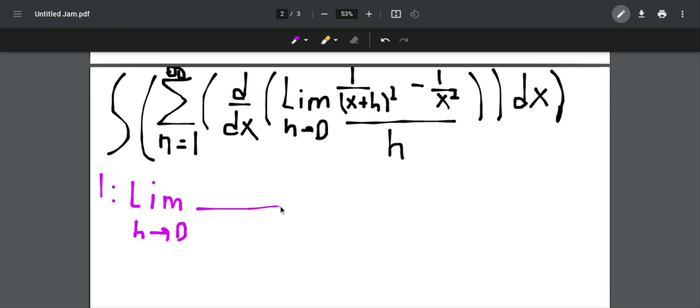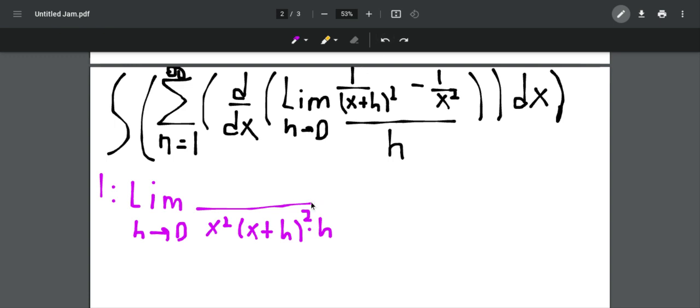So we take the limit as h goes to 0, and the common denominator would be x squared times (x plus h) squared. And then we also multiply by h because we're dividing by h at the end.